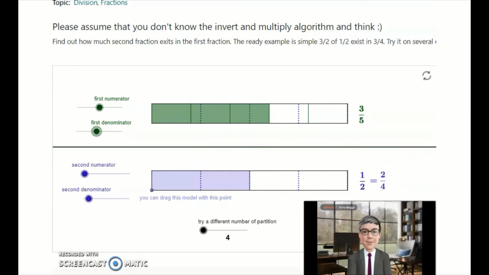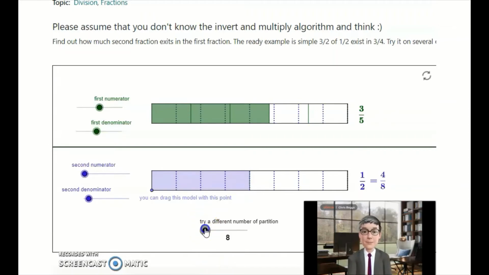Now let's try dividing 3/5 by a half. Well, we need to split our half up into even smaller pieces until we get 6.